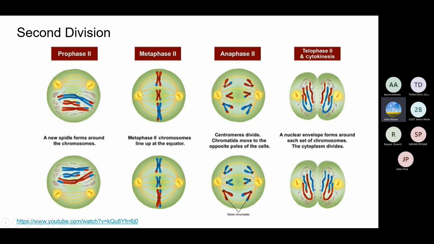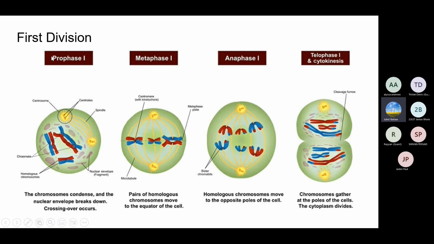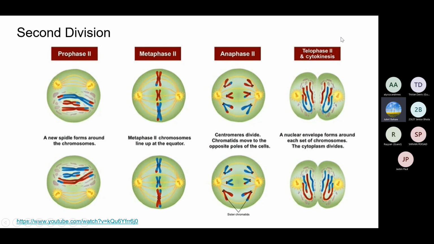So now that you have half the number on both sides, you have 23 chromosomes here, 23 here, 23 on this side, and 23 on this side. So now you have 1, 2, 3, 4 cells. 4 daughter cells containing 23 chromosomes, which is half the number of chromosomes as the parent cell from prophase 1. All right, so that is how you're going to get your haploid set of chromosomes at telophase 2.